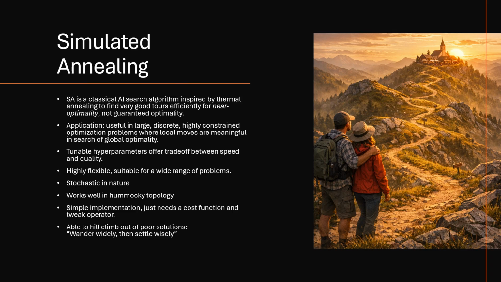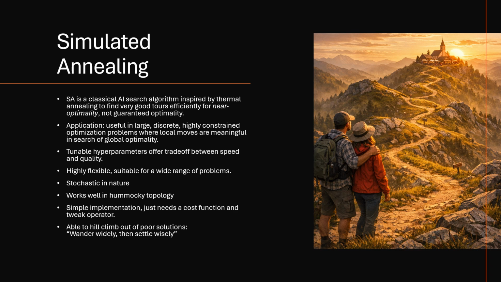It works well in hierarchy topology. So if we have lots of local minima, the algorithm's pretty good at finding its way out of those. The implementation, as we'll see soon in the algorithm I'm going to show you, is very simple. And all we need is a cost function and a tweak operator for the next move. We don't need to calculate the derivative of something or understand what a function is of this particular process.